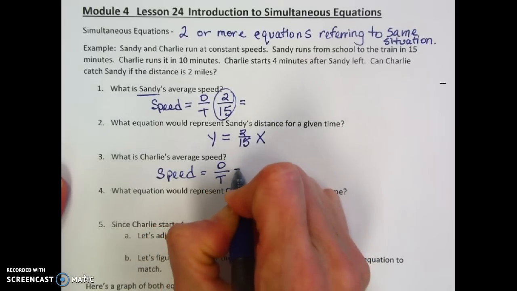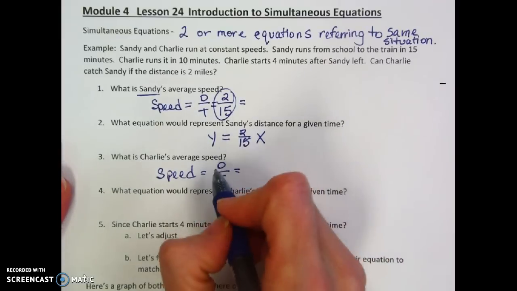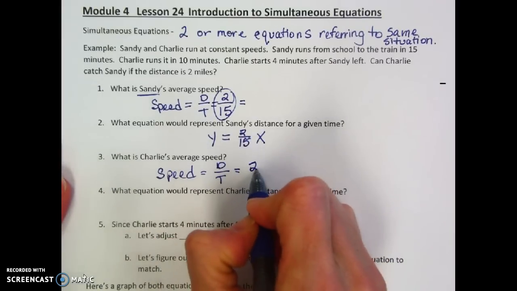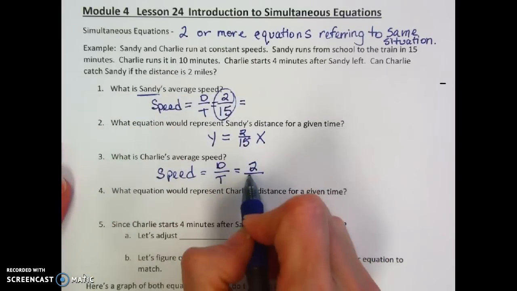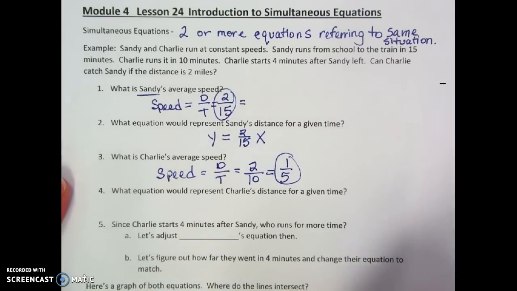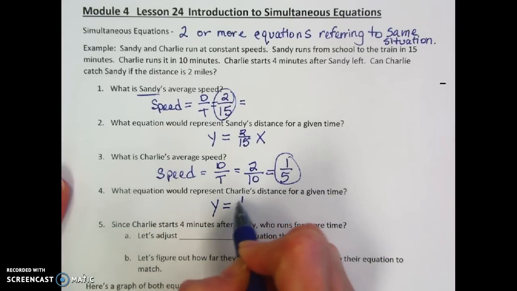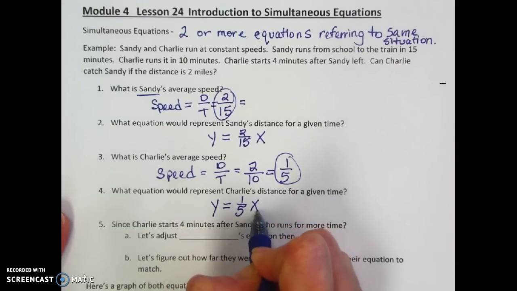They go the same distance, 2 miles, but it only took Charlie 10 minutes, which reduces to 1/5. So Charlie's speed is 1/5, and that's miles per minute. So the equation that represents Charlie would be y equals 1/5 x.